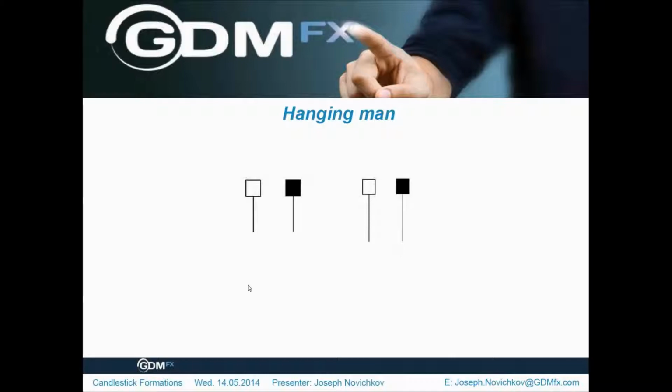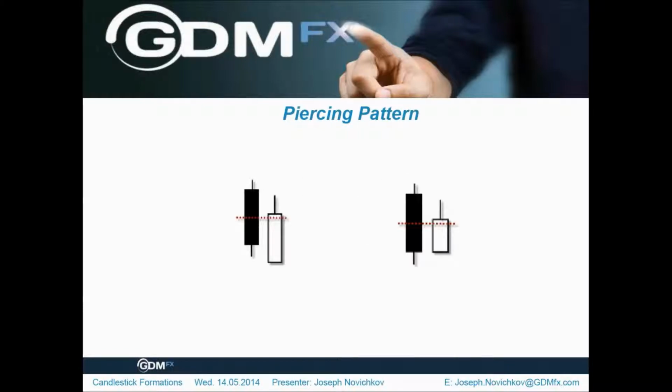Now we're going to add another one, and I'm going to present to you one of the very important candlestick formations which we can spot on any kind of currency pair, commodity, security, company shares, stocks, whatever you want to trade.